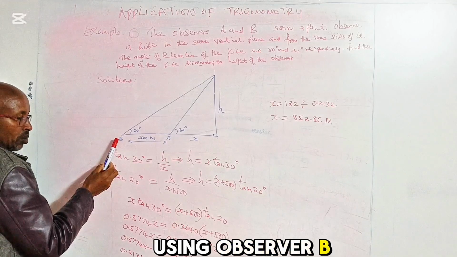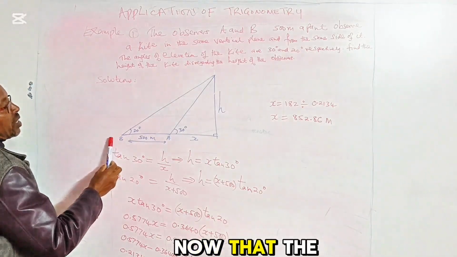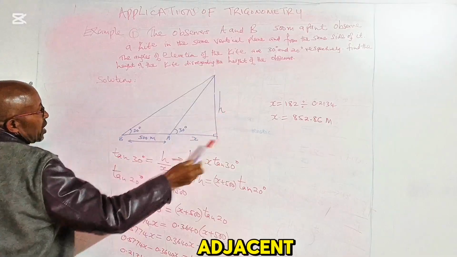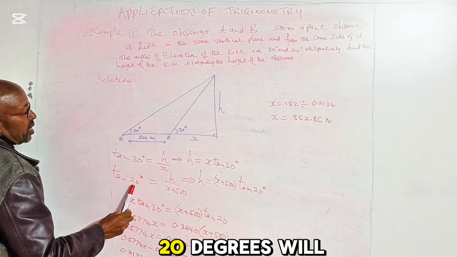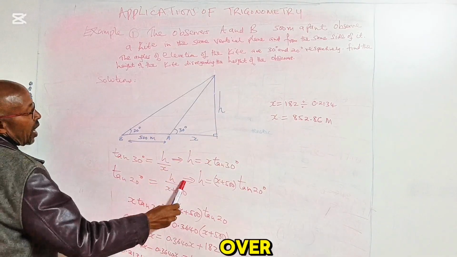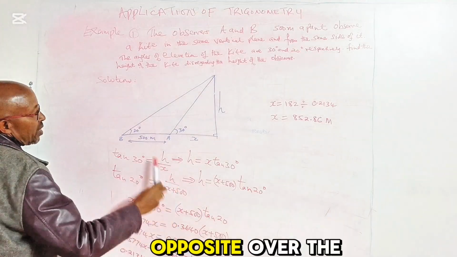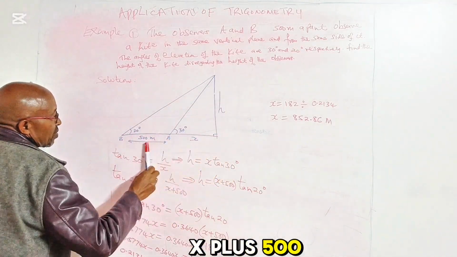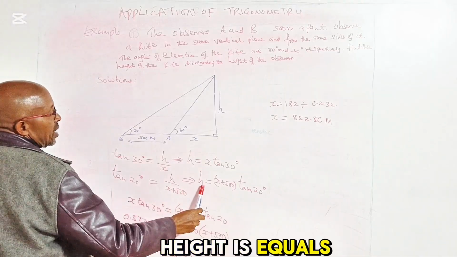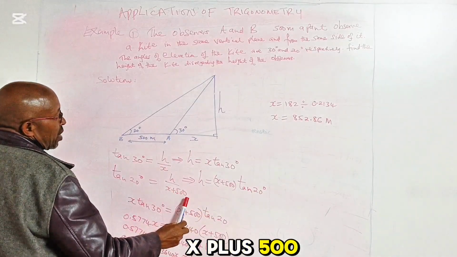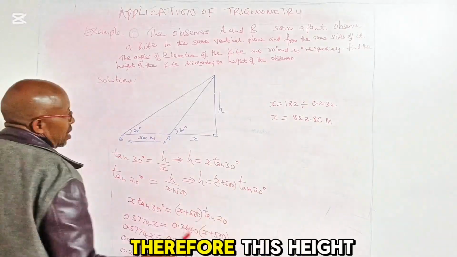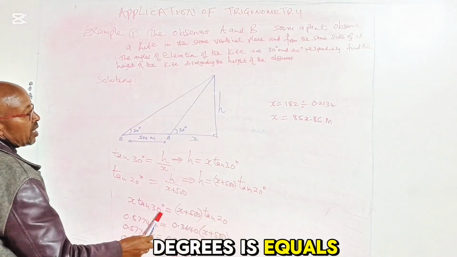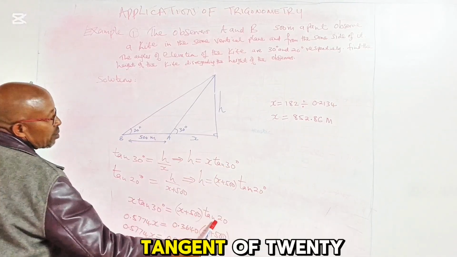Using observer B, the tangent of 20 degrees is equal to the height all over x plus 500, opposite over adjacent. This means our height is equal to x plus 500 times the tangent of 20. Therefore, we equate the two equations: x tan 30 degrees is equal to x plus 500 times tangent of 20.